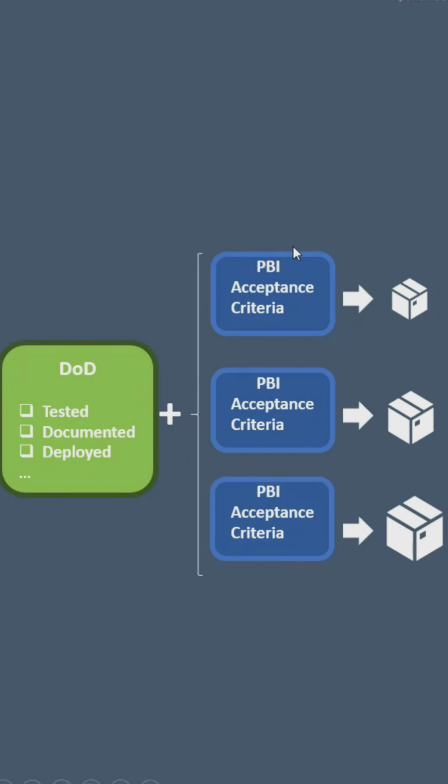And it's because your increment is added to with each PBI as it's being built. It by default means that it also conforms to the definition of done. So this is important, right? So your DoD applies to each PBI, but at the end of the sprint, as you're looking at the increment, again, the DoD does actually kind of apply to it, right? It does, because you've added PBIs that have conformed to the DoD to it all along.